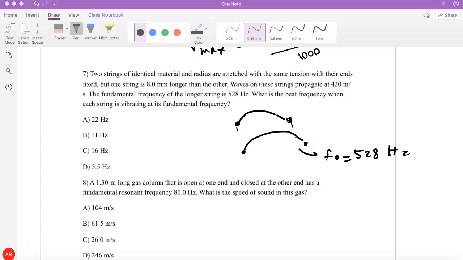So we need to use the speed to relate the wavelength to frequency. The general relationship relating wavelength and frequency is lambda times the frequency is the speed. So let's call this lambda 1, and this lambda 2.